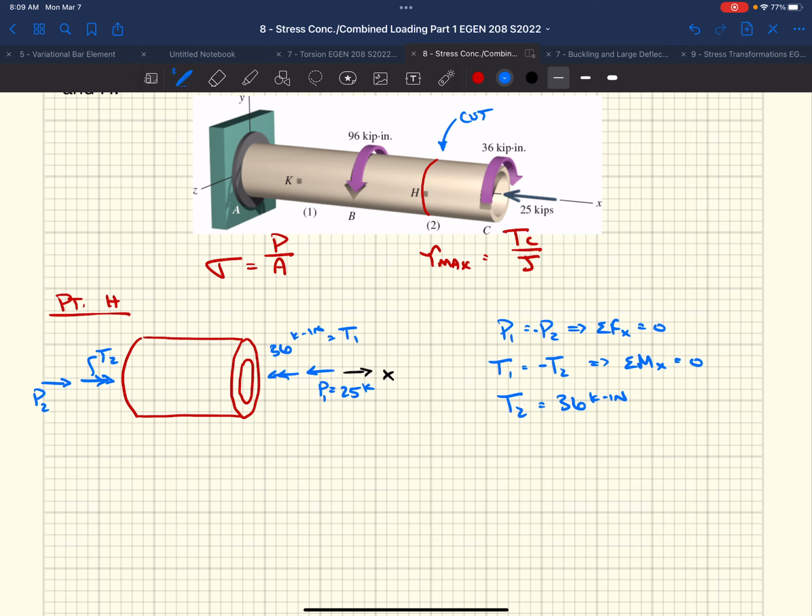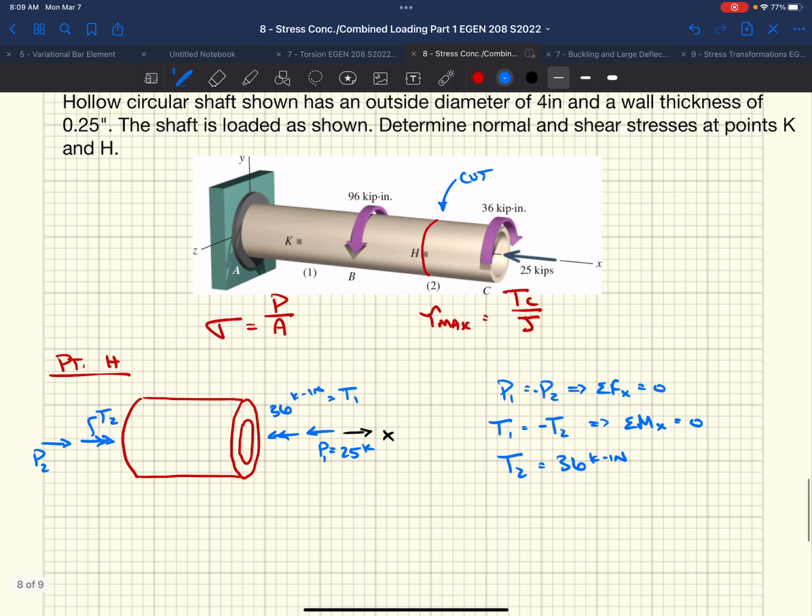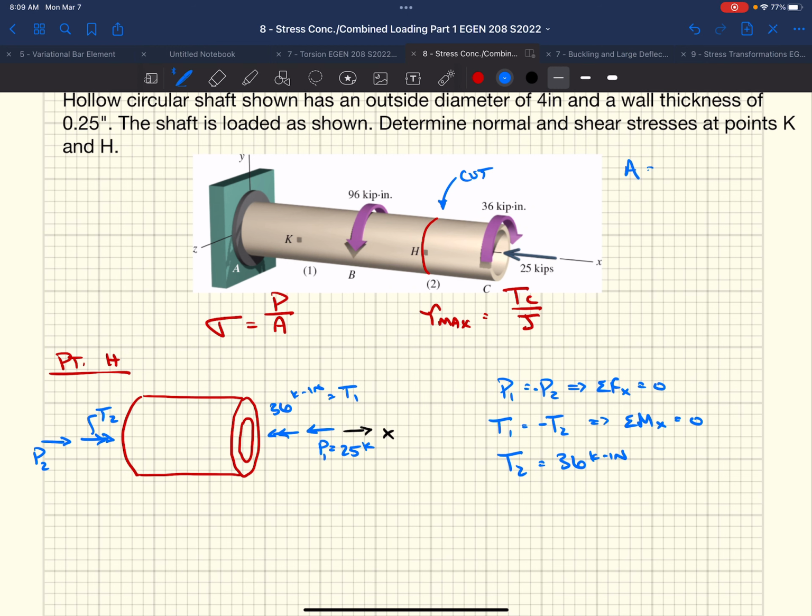Well, we have our forces on our free body diagram. We can now jump back up and calculate stresses. We need to know area and we need to know J, our two big ones, so I'm going to put those up here because we're going to need them for the other one too. Area, pi over 4 of a pipe, large diameter squared minus the small diameter squared. This is 2.95 inches squared.